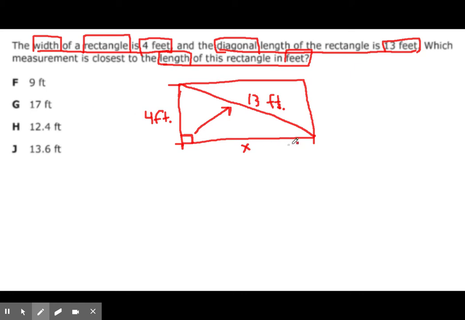Well, I know this distance cannot be 17 feet because it can't be bigger than my hypotenuse. My hypotenuse is the longest side. So it can't be 17, and it also can't be 13.6, because both of those numbers are greater than 13. So before we've done any math, I'm already down to 2 answer choices. I got a 50-50 shot, so the chances of me getting it correct have greatly increased.